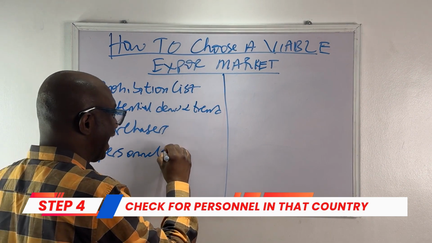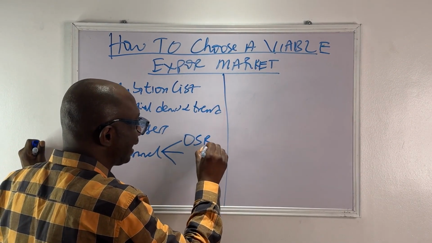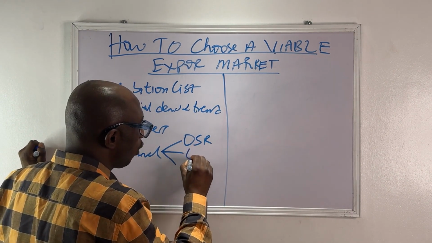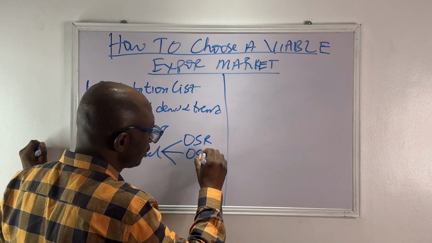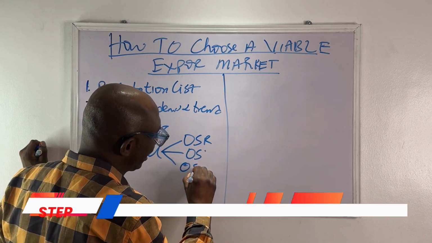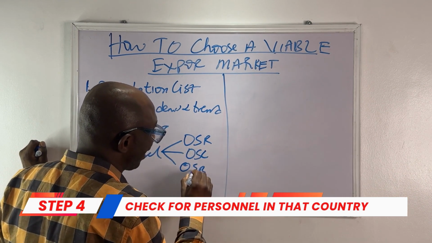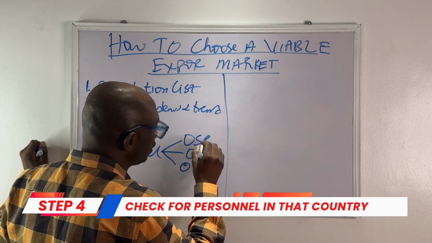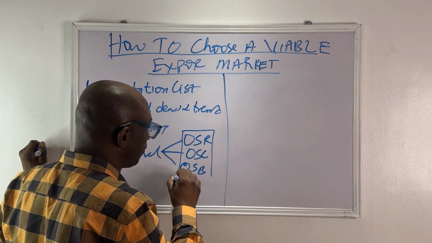By personnel, I mean an overseas sales representative, overseas sales subsidiary, overseas sales branch, or overseas subsidiary company. These are the personnel I have in the export market.